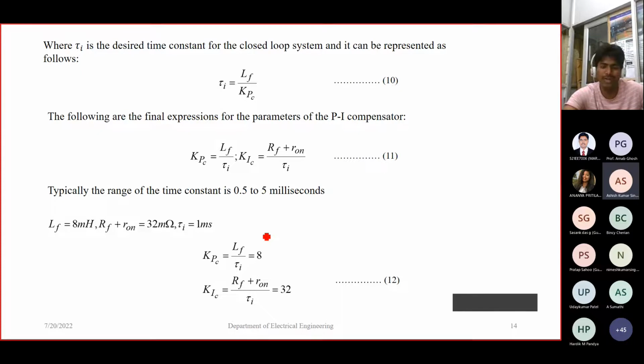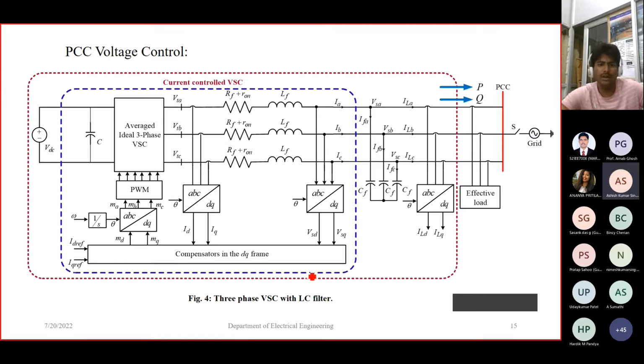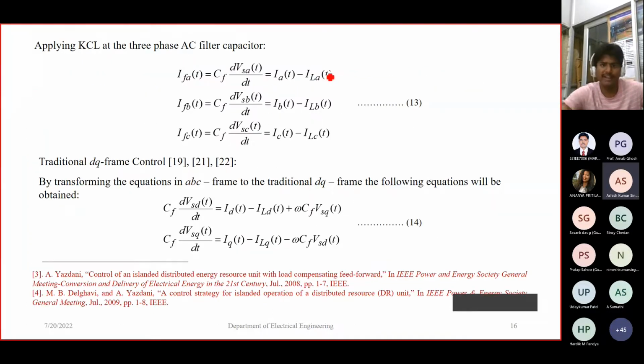Next I am going to explain the voltage loop control. Before going to the closed-loop control, again I am showing the same inverter system. Now I will apply KCL across the AC filter capacitor. We get the same kind of equation.